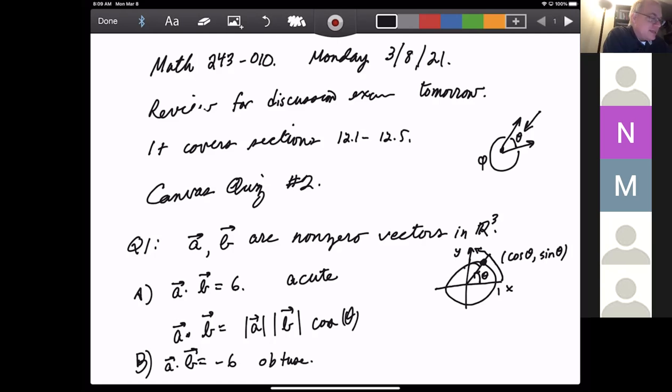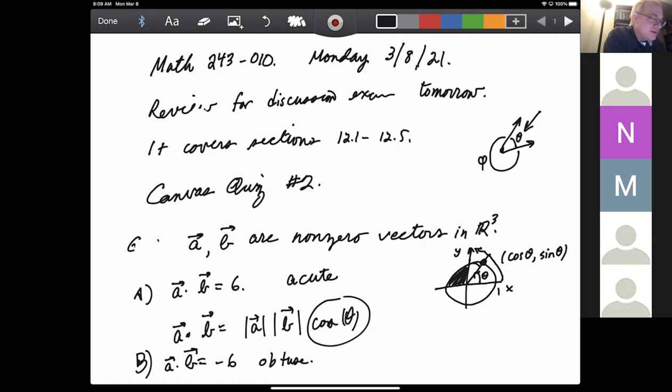When the cosine is negative, you have to be in the second quadrant. Okay, remember the length of a vector is always bigger than or equal to 0. So the sign of the dot product is related to the cosine of the angle between the vectors. All right, so are there any questions on that?